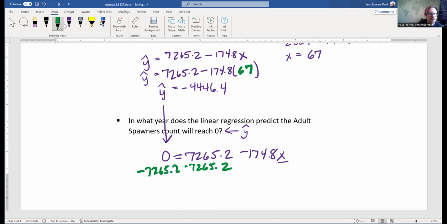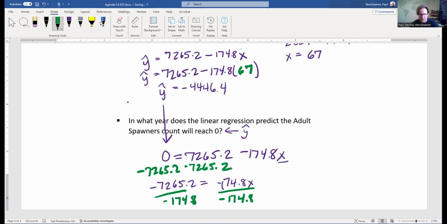We can just do 0 minus that number. It's just going to give us exactly what we see, negative 7265.2. But on the right side, that number is just gone. So we're left with that subtraction of 174.8x. And then the last step of this would be, since this is multiplication that attaches that 174.8 and that x, we're going to divide by exactly that 174.8 on either side in order to solve for x.